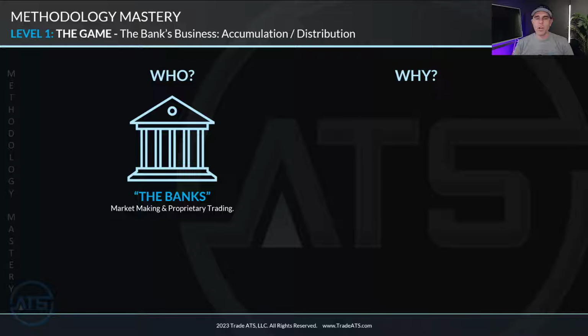Market making is facilitating transactions, matching up willing buyers with willing sellers, and then making a spread in the middle of that transaction, a little fee. The other one is proprietary trading. That is filling up your own inventory full of positions that you want and then selling those later for a big, massive profit. Those are the two profit centers of the banks in general.